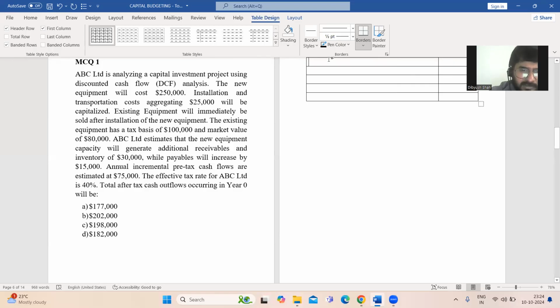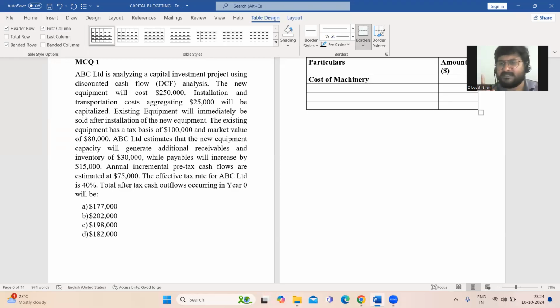This will be your particulars, and this is your amount in dollars. Now, first, as we said, in note 1, we have generally the cost of machinery or new equipment. What did we discuss? It includes 4 costs: purchase price, installation, any freight inwards, and any test cost.